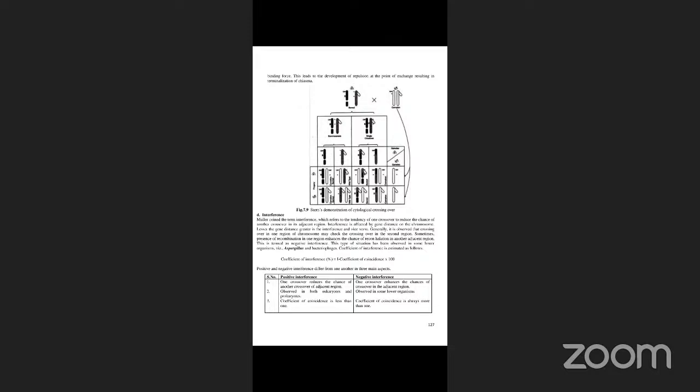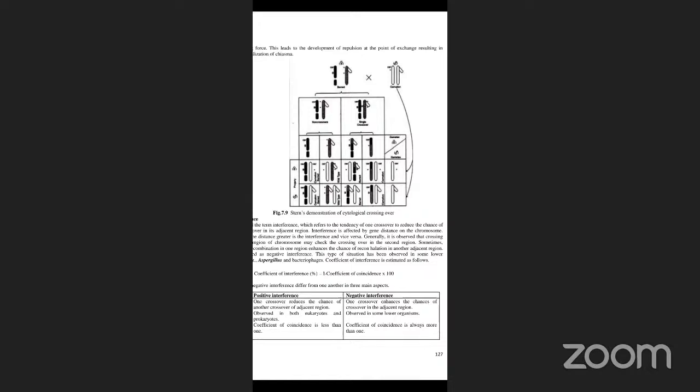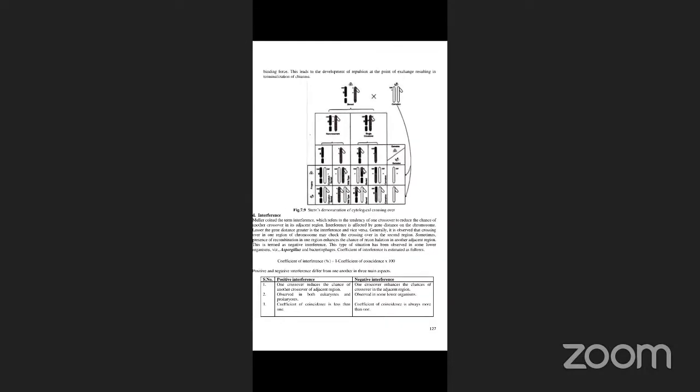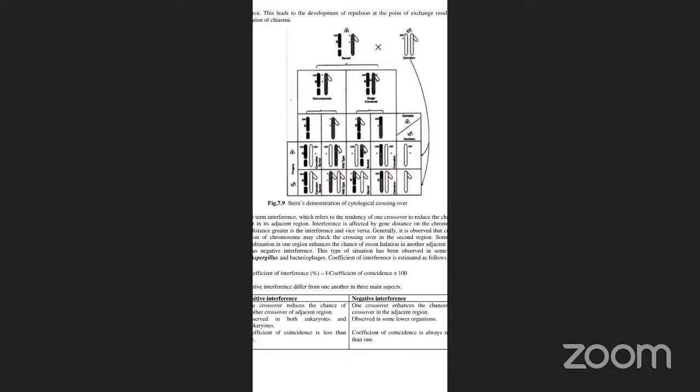The coefficient of interference can be estimated by 1 minus the coefficient of coincidence, times 100. This is the formula by which we can calculate it. So what is the difference between positive and negative interference? Positive interference is where one crossover reduces the chance of another crossover in the adjacent region, observed in both eukaryotes and prokaryotes, and the coefficient of coincidence is less than 1.